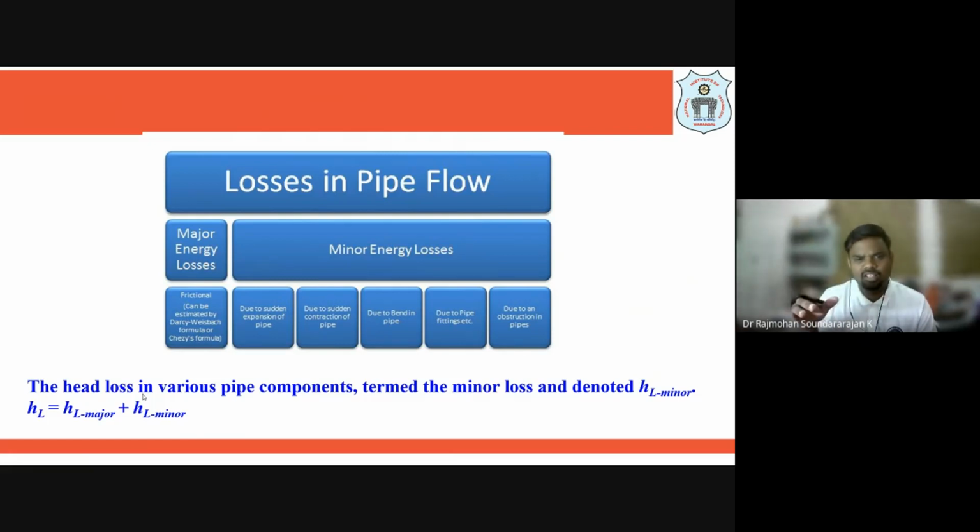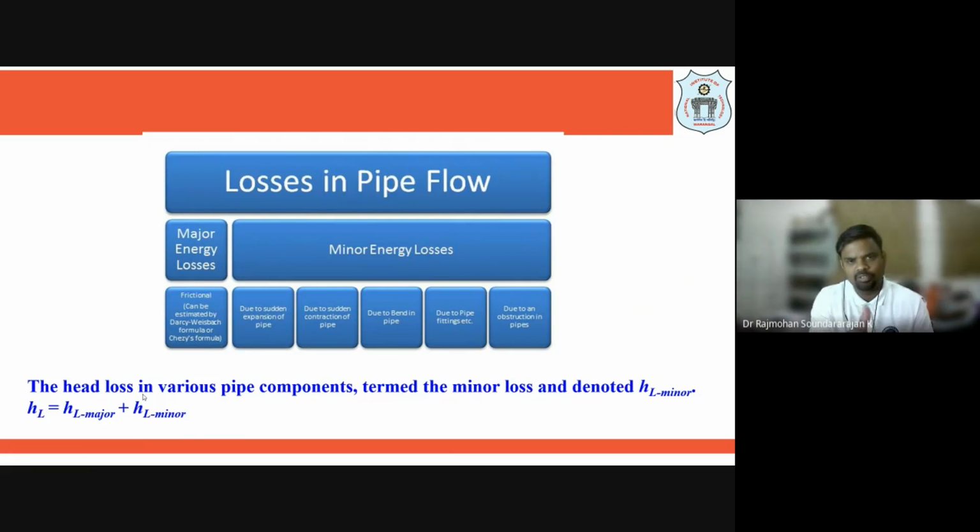So overall head loss is equal to the summation of head loss due to major loss, that is frictional losses, and head loss due to minor losses, which is due to fittings and sudden expansion or sudden contraction. In this FPM laboratory, we are going to perform two experiments. One is estimation of frictional losses, the pressure head loss due to major loss.